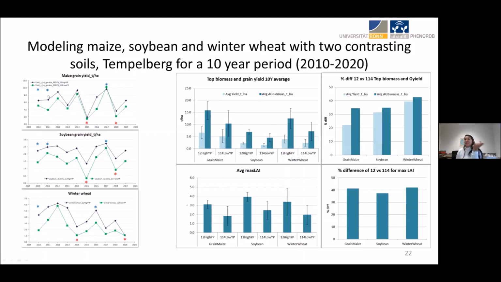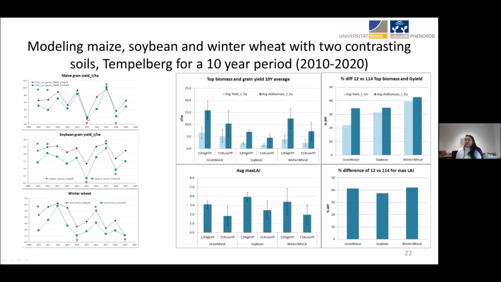So you can see that, over the time series, there are some differences. Most of the time, you have lower yield with the low yield potential patches. But if you look at the soybean and the winter wheat, these differences between the soils are even more drastic.